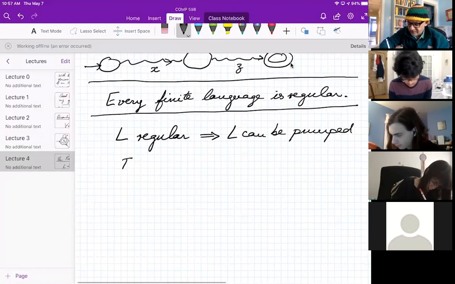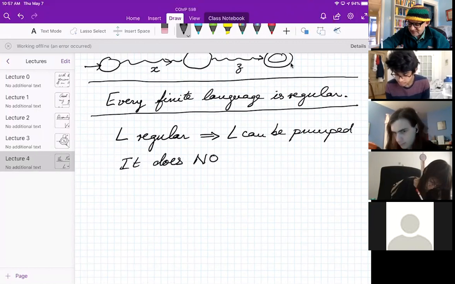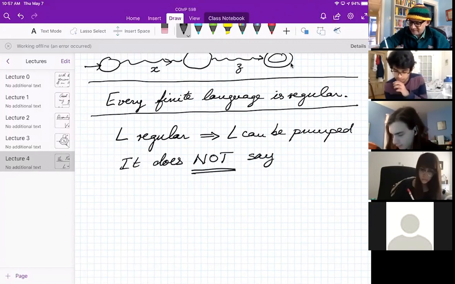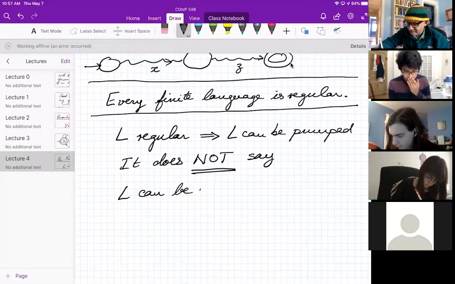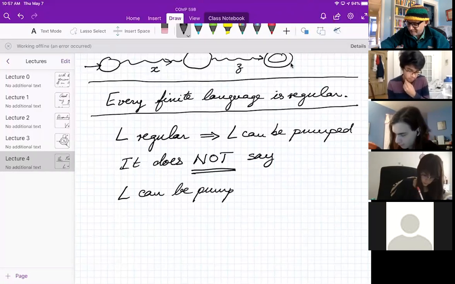It does not say L can be pumped implies L regular.